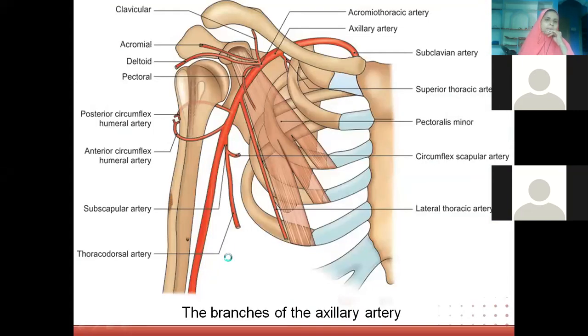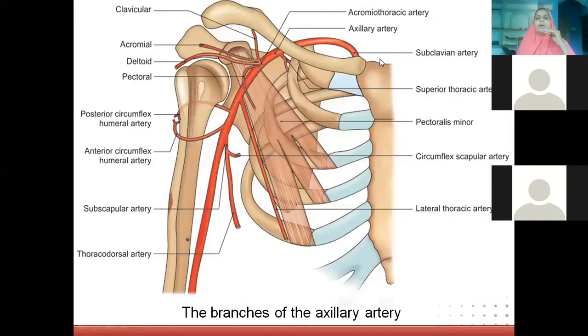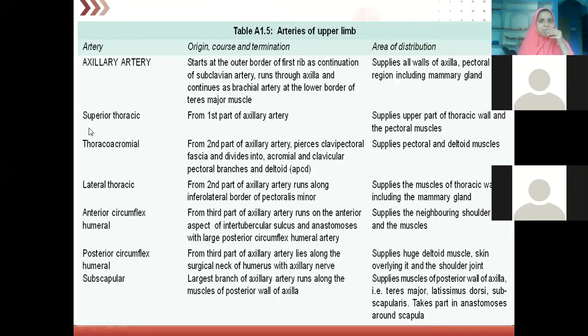Now I will talk about the branches of the axillary artery. I told you overall from the axillary artery we have 6 branches. From the first part we have 1 branch, the superior thoracic artery. Yesterday when we were discussing the mammary gland, I asked you to remember one code, SALT, like SAL: superior thoracic, acromiothoracic, lateral thoracic.